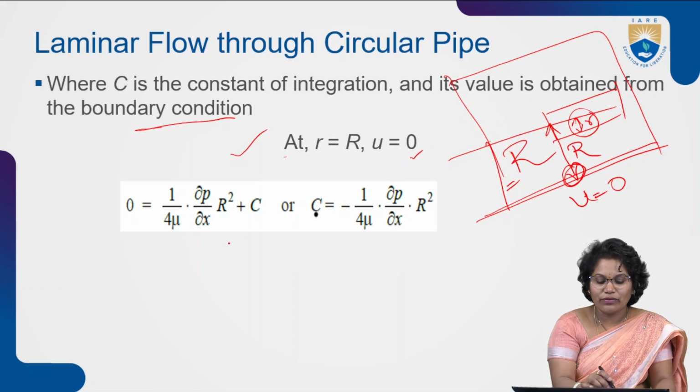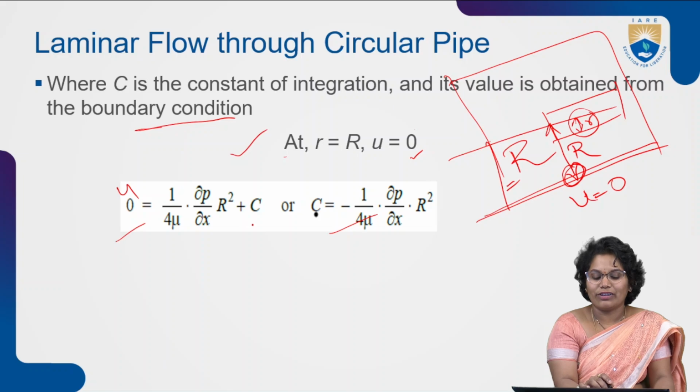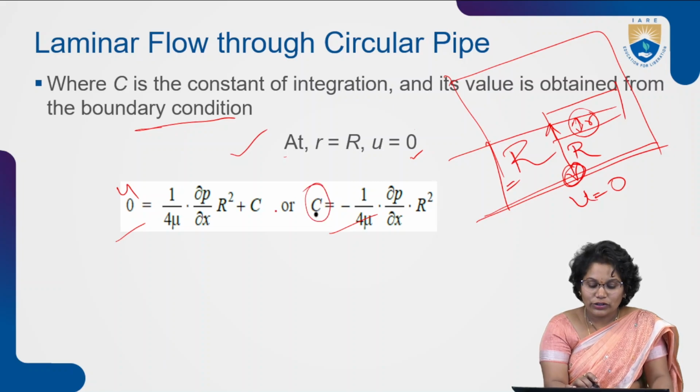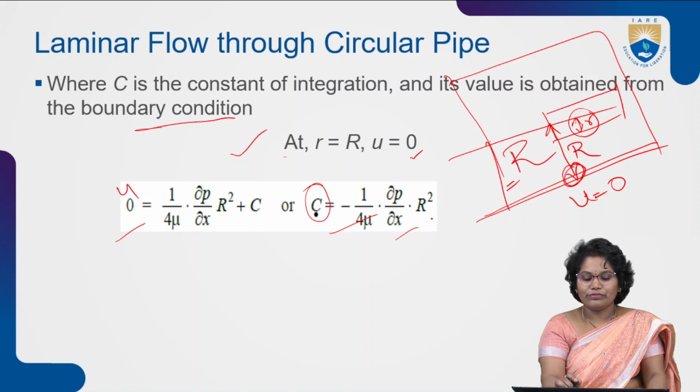We apply that condition in this equation: 0 is equal to minus 1 by 4 mu dou p by dou x into R square plus c. I am taking c out because I want to calculate c. So c is equal to 1 by 4 mu dou p by dou x into R square.